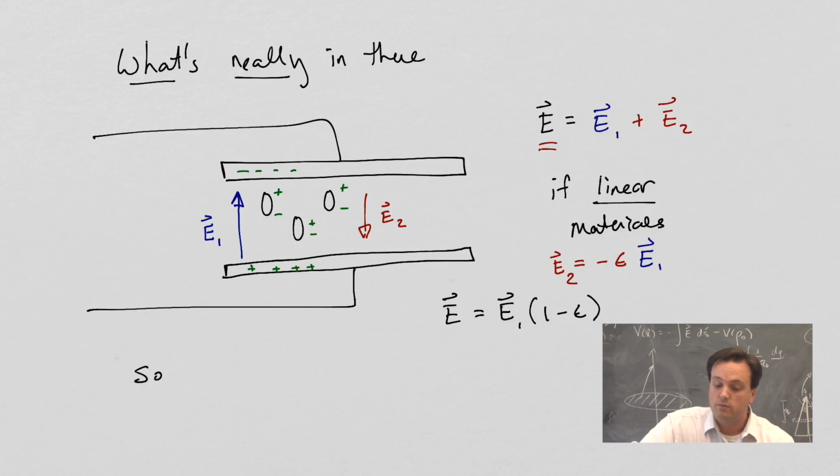And so the real capacitance of a physical capacitor has to be modified by this factor of 1 minus epsilon, which we sometimes call 1 over kappa sub E, which has a very fancy name, called the dielectric constant.